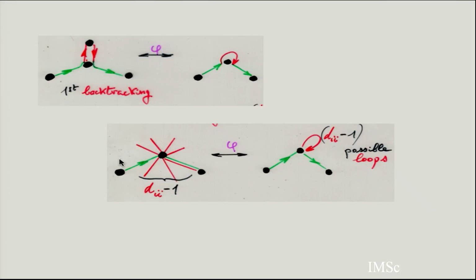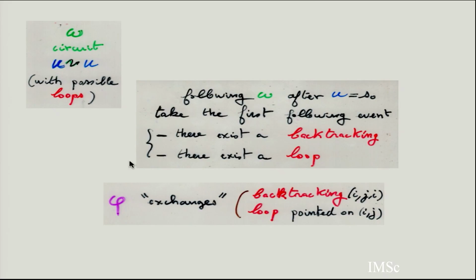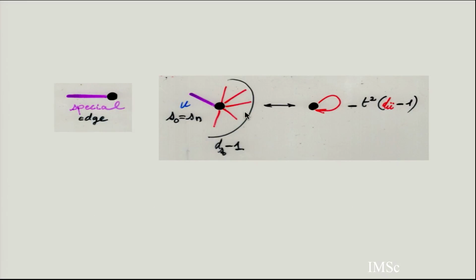The problem is at the first point. I'm killing everybody after the first point, but for the first point, if you are starting at the first point immediately with a backtracking, you replace it by your loops, but the number of possible loops is the degree minus 1.